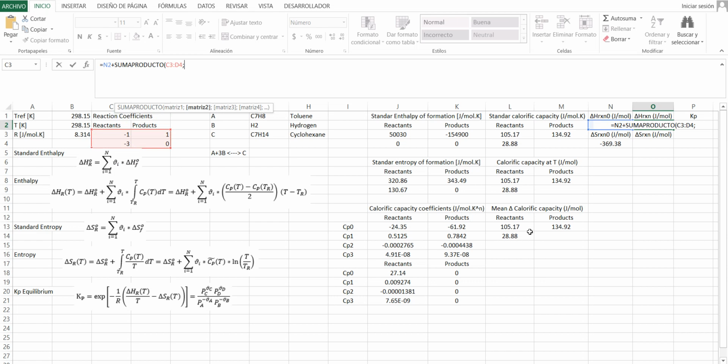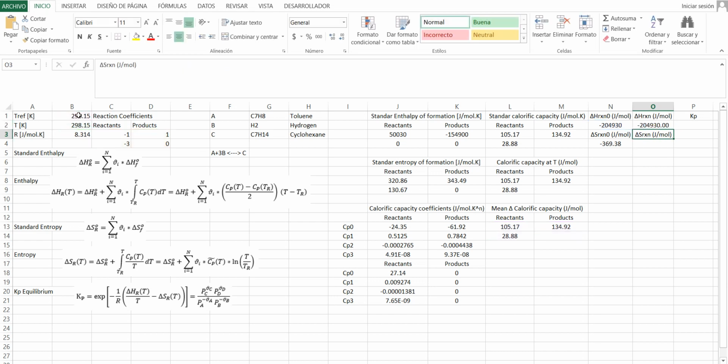That's why it was important. And to that, we multiply the temperature at which it's evaluated minus the temperature of reference. And there you have it. We have there the change of enthalpy of the reaction.